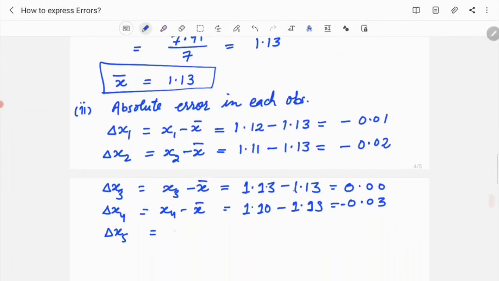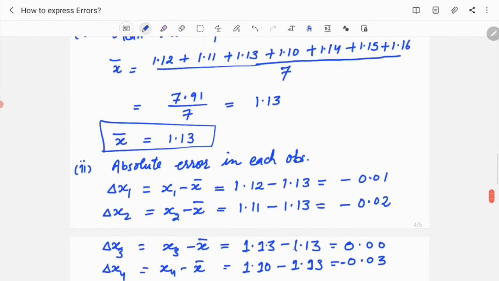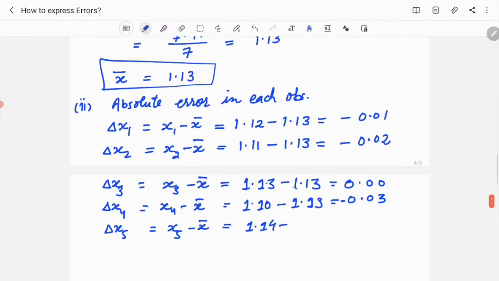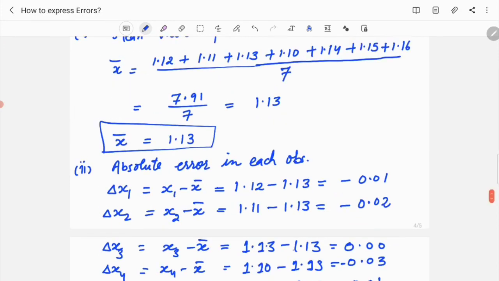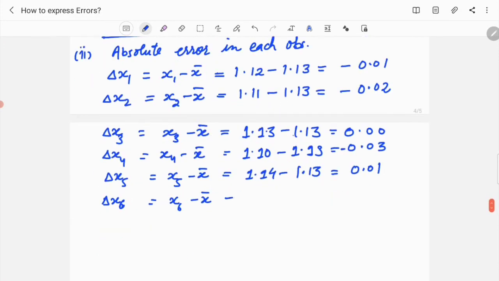Next one is 1.14. Delta x5 is x5 minus x bar, 1.14 minus 1.13. It is 0.01. Delta x6 is x6 minus x bar, 1.15 minus 1.13, 0.02.